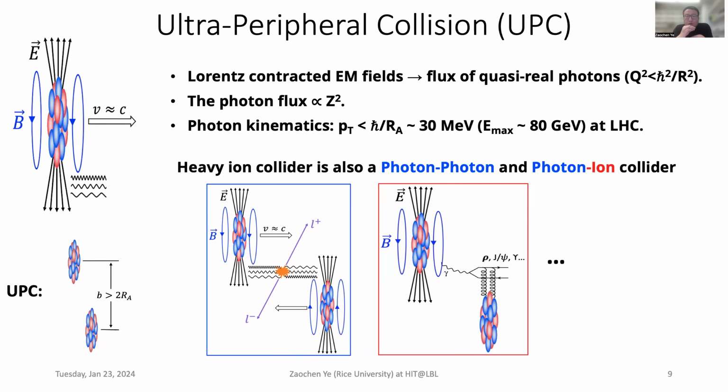These photons from one ion can interact with the photons from the other ion, or directly interact with the other ion's nucleus itself. In this sense, the heavy-ion collider can also serve as a photon-photon and photon-ion collider.